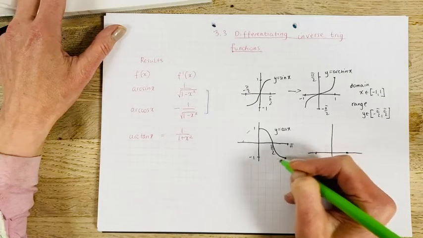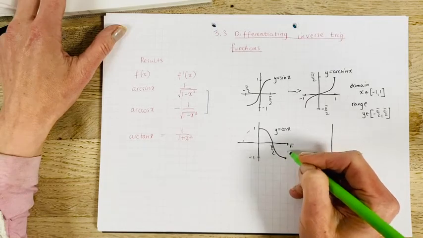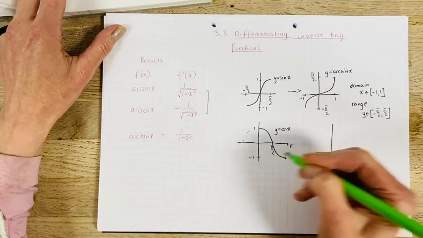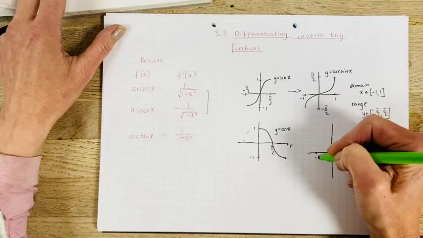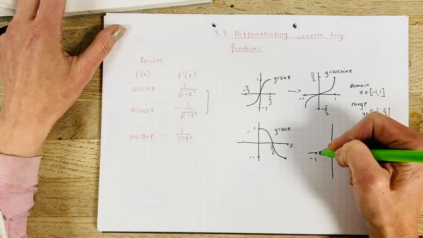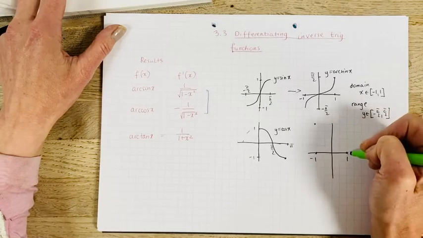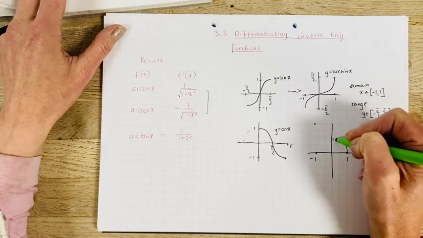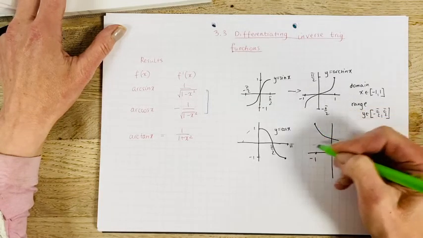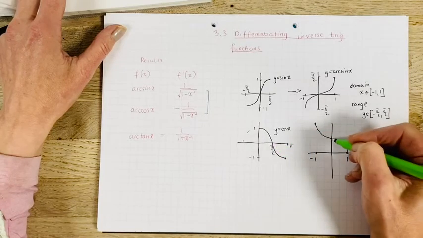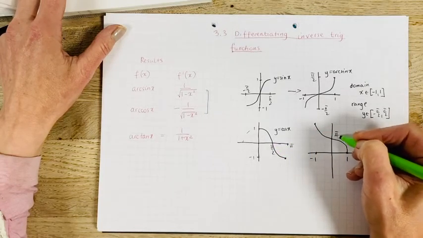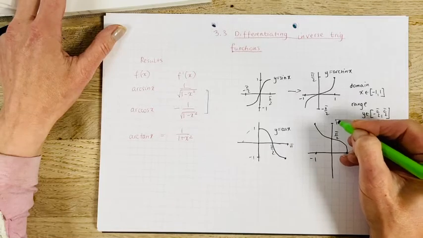It finishes at minus 1 and pi, so it finishes at minus 1 on the x-axis and pi on the y-axis, and you need to draw a graph. It used to cut the x-axis at pi over 2, now it's cutting the y-axis at pi over 2. There we go.